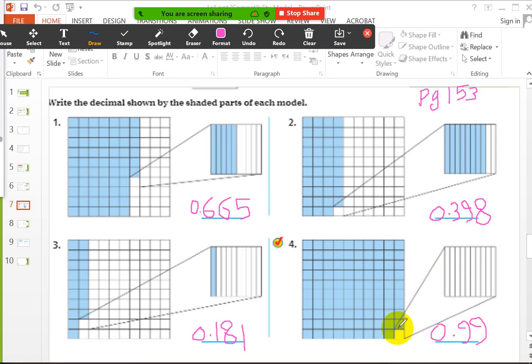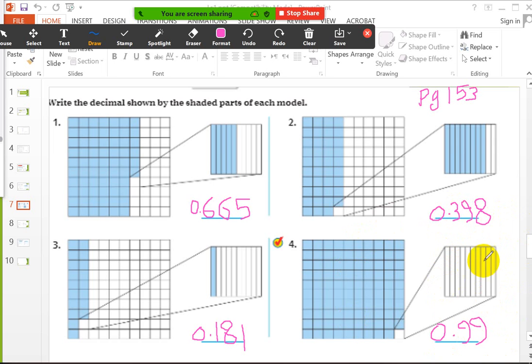But I can't divide this small square, so I will take it here next to the model and draw an extra model and divide it into 10 equal parts. If you count the number of shaded parts here, you will know the number in the thousandths digit. What is the number of shaded parts? There are no shaded parts. That means the number of shaded parts equals 0.